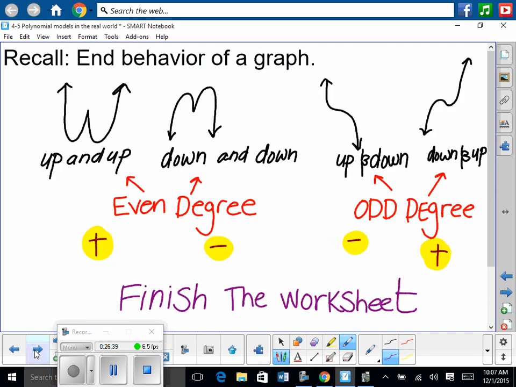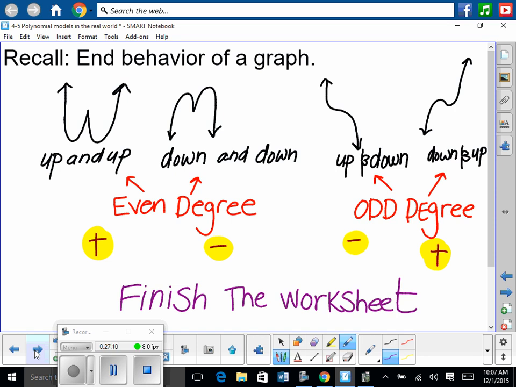Okay, this part has probably been the longest, so everybody should be paying attention. Let's recall what end behavior of graphs looks like. Remember, if it's an even degree, it has the same end behavior, either up and up or down and down. If it's up and up, it has a positive leading coefficient.